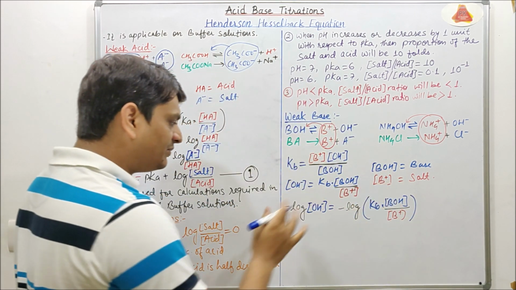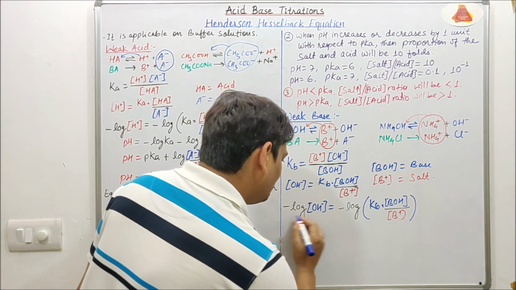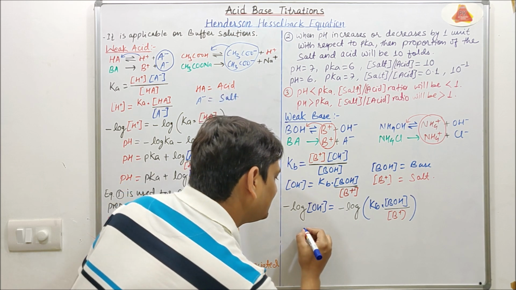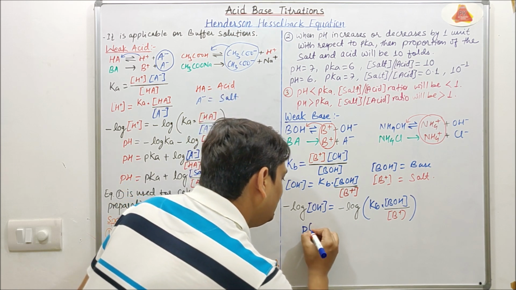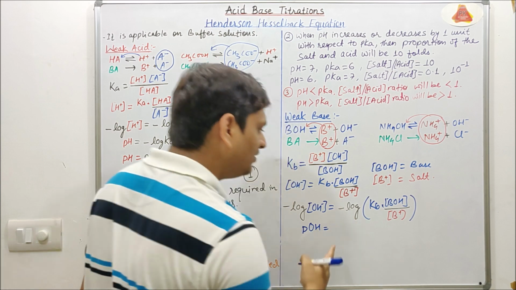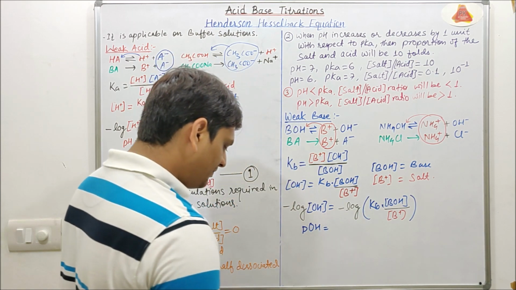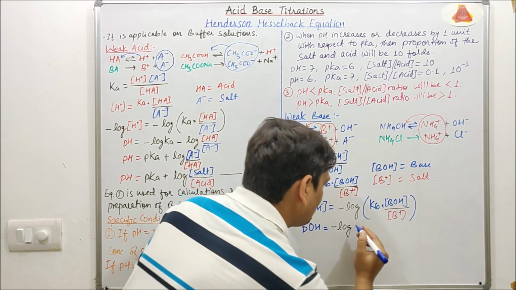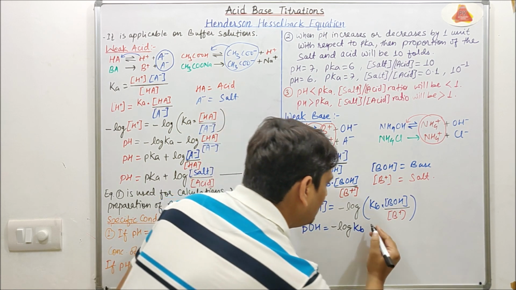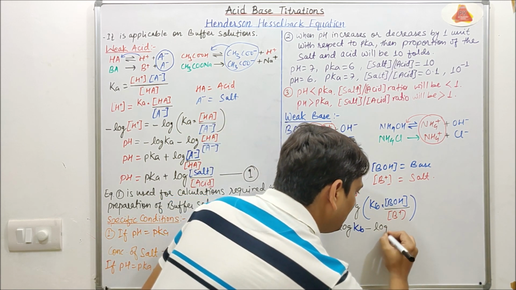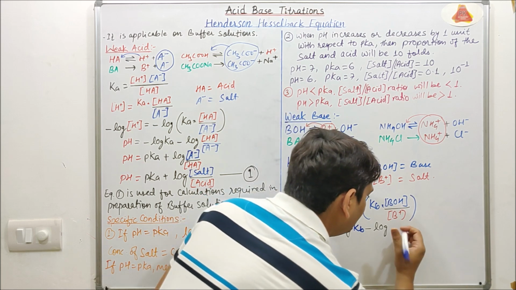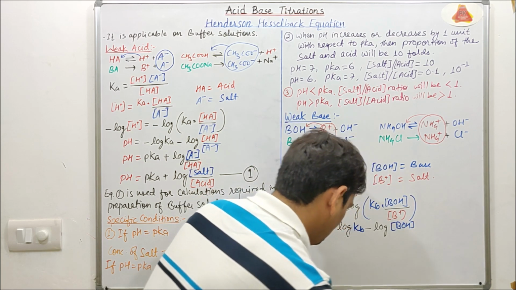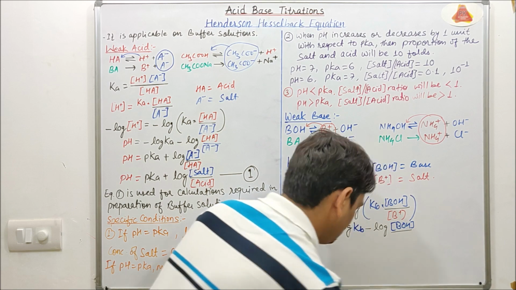So when we simplify this equation, then we get minus log OH minus, which is pOH, is equal to minus log Kb minus log BOH divided by B plus.